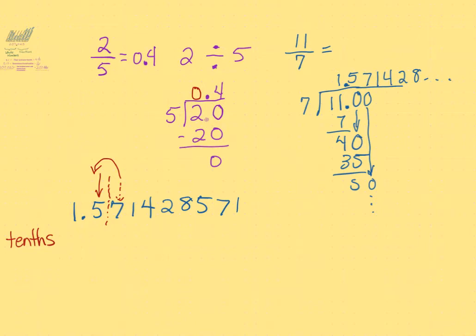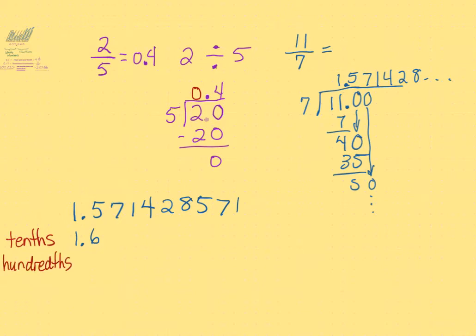There are different ways to round. The most common way to round, which we usually mean when we say rounding, is if this last number here that we're looking at is 5 or more, then we add 1 to the previous number. So this would be 1.6 if we rounded the number to the tenths place.